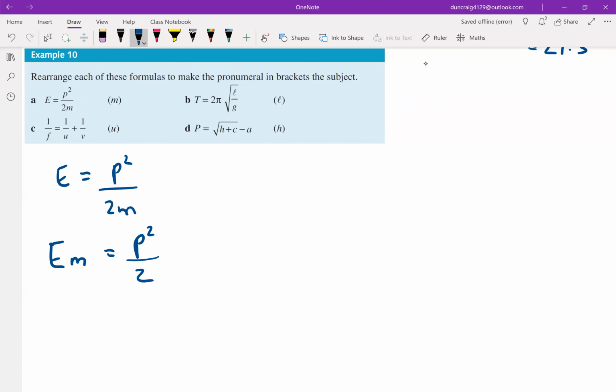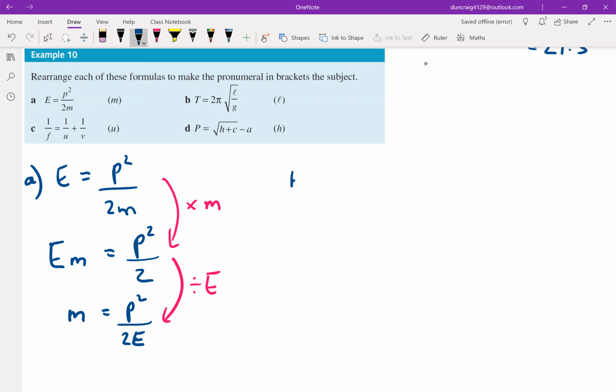And then I want to get rid of the E from that left-hand side, so I'm going to divide both sides by E. So I'm going to go M is equal to P squared over 2E, like that there. So I'll just indicate what I did. I multiplied both sides by M, and then I divided both sides by E. Okay.